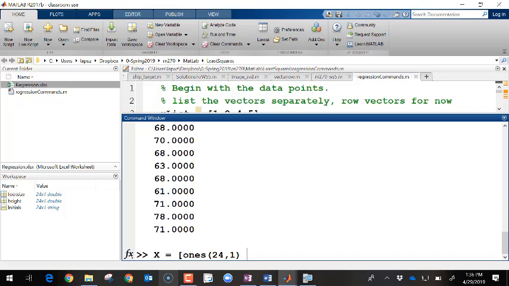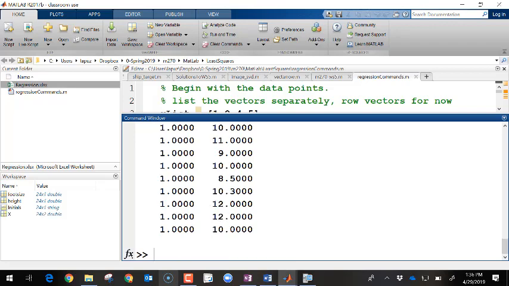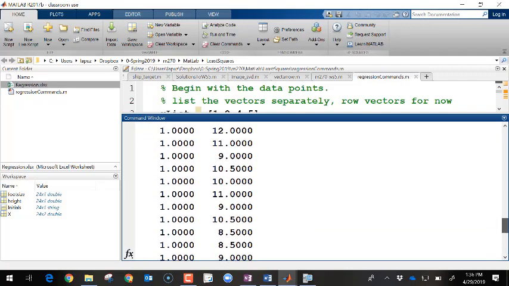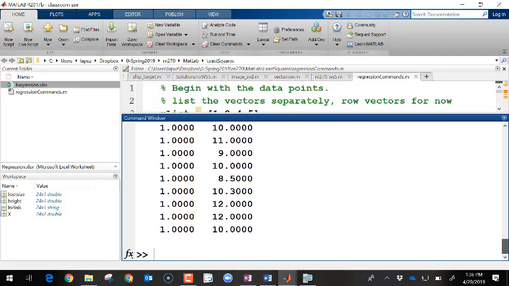And for my second column, what am I going to have? The x values, which would be the foot size in this case. So I have 1s and a bunch of foot sizes on the second column.